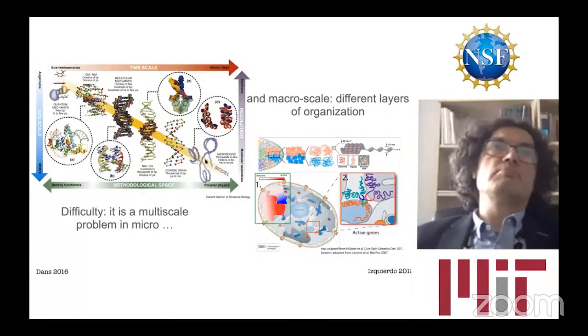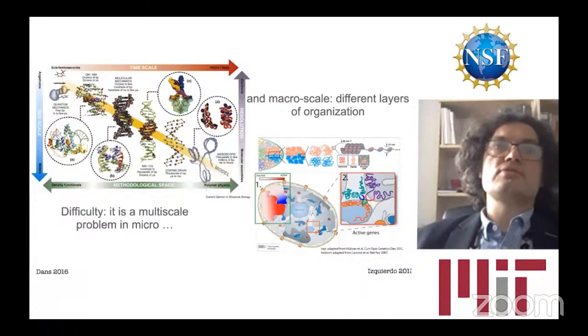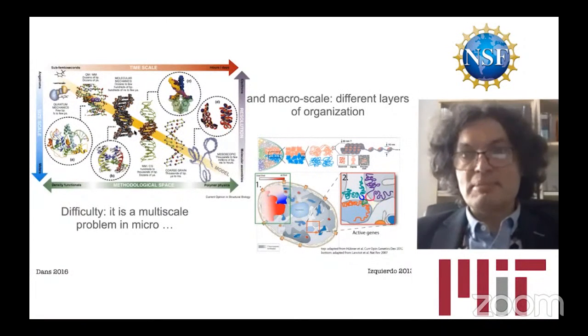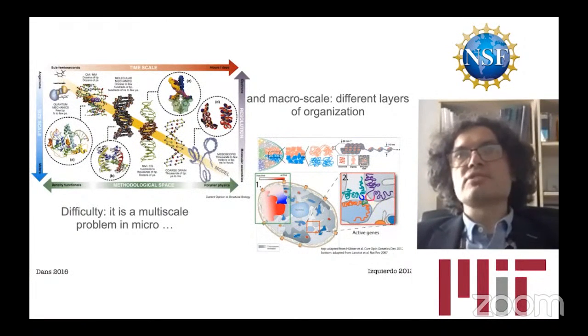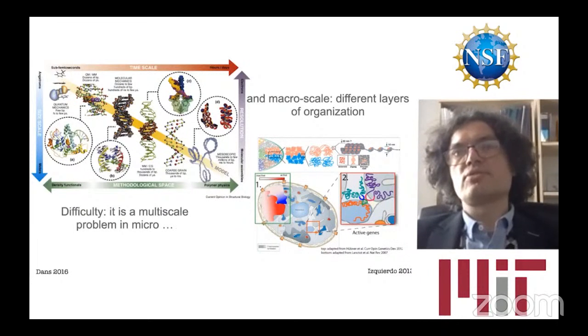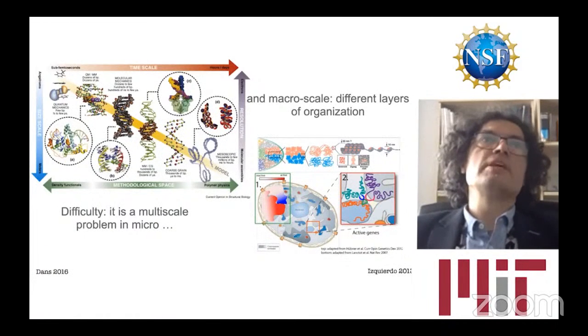So there is the microscale, the multi-scale, and also the macroscale, which again has different spatial and temporal scales that can be observed in the genome.